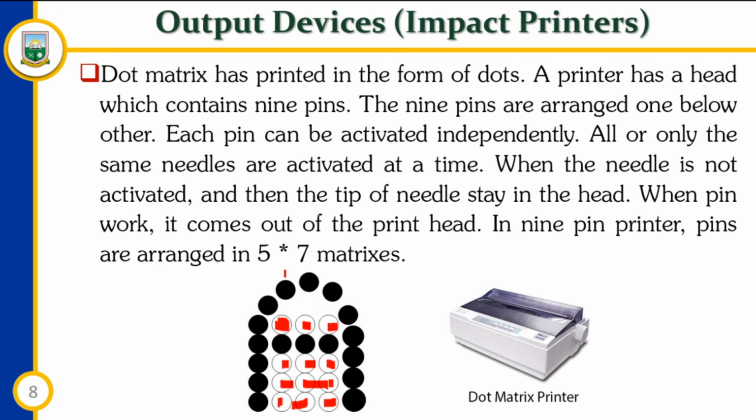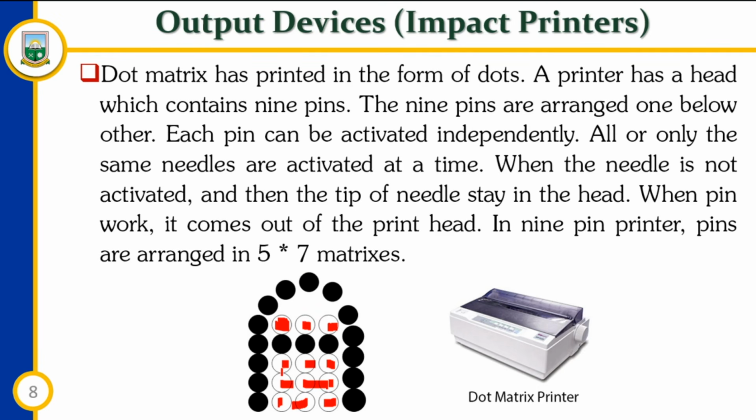So you can see here we have a 5x7 matrix which was used to create this character A. From here you can also see that at these portions we had the print needle coming out of the print head just to print these characters.